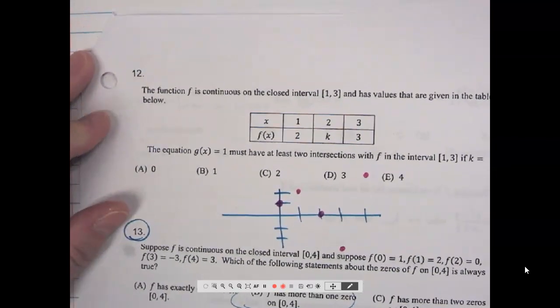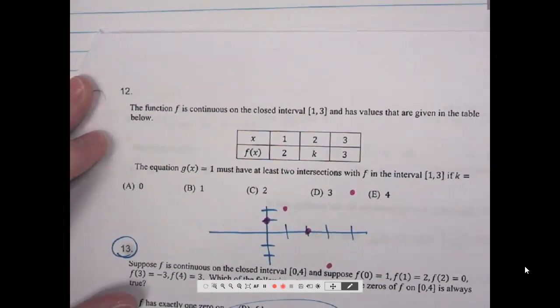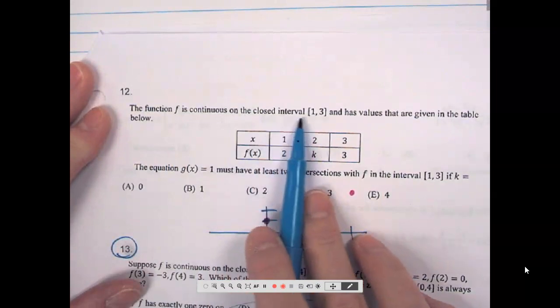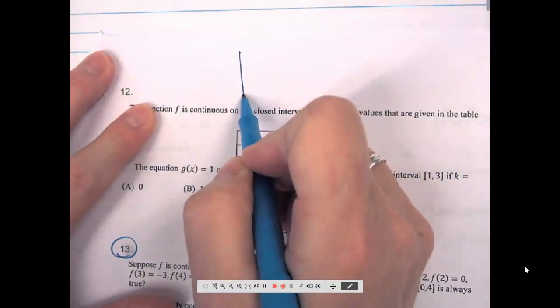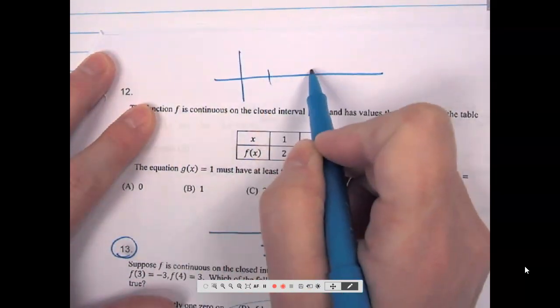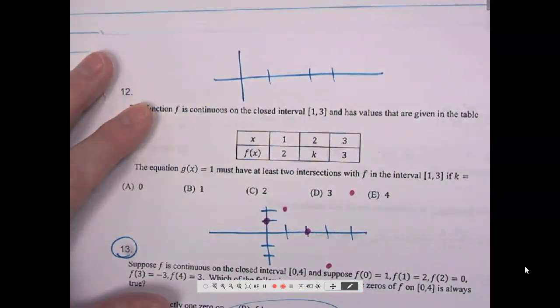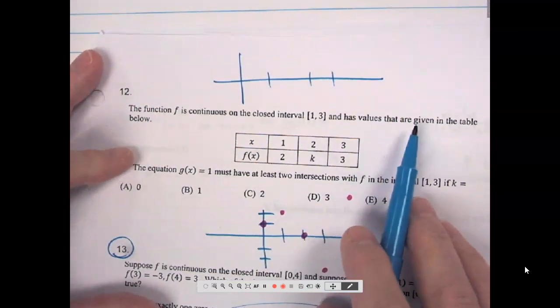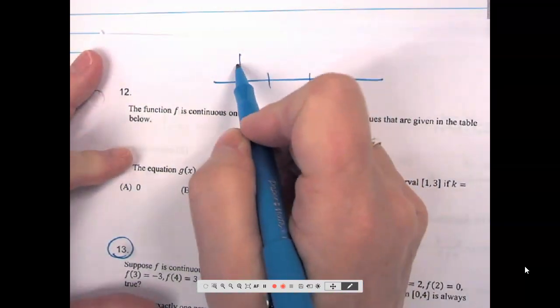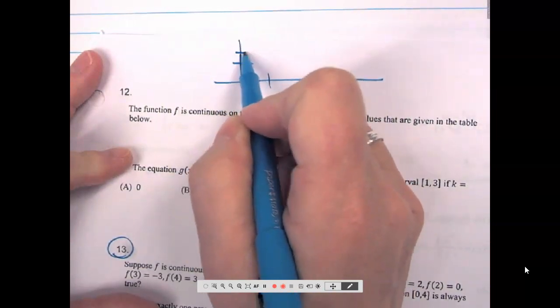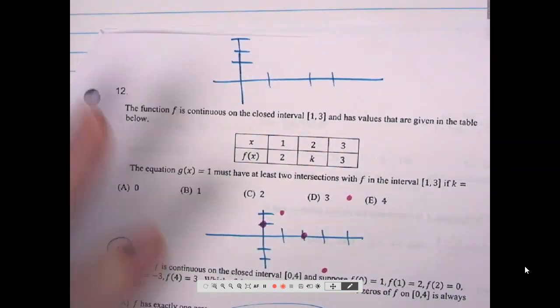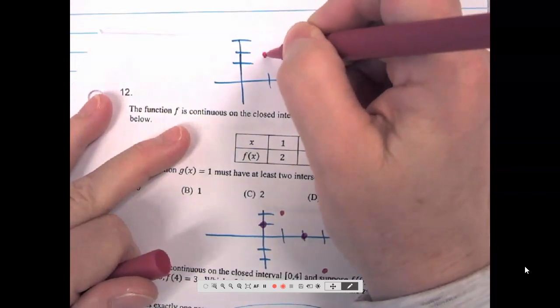Okay, 12 again, I would say let's graph the points. We have a continuous function on the closed interval 1 to 3. Oh, that's evenly spaced. Let's see. Let me go up to 2 and 3. Okay, I have a 0.12.